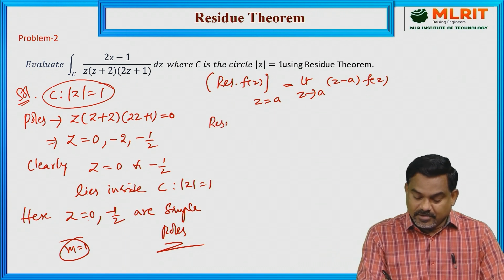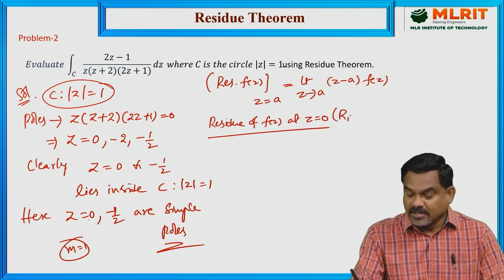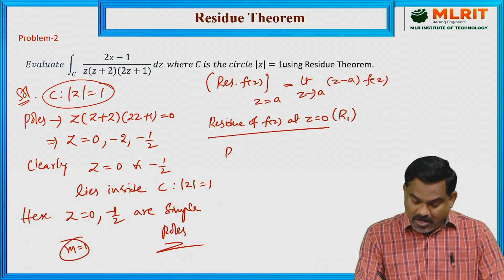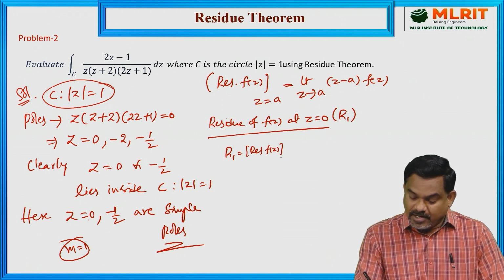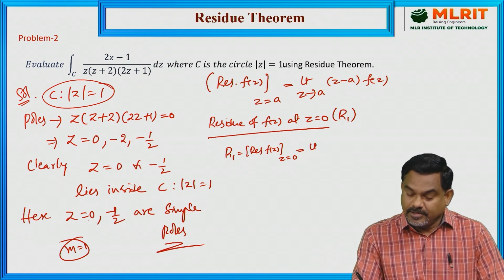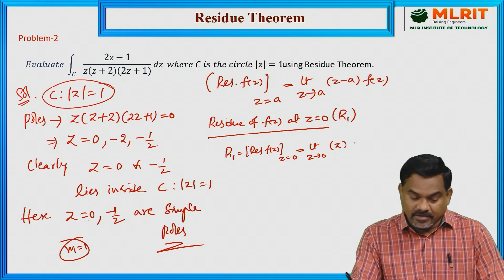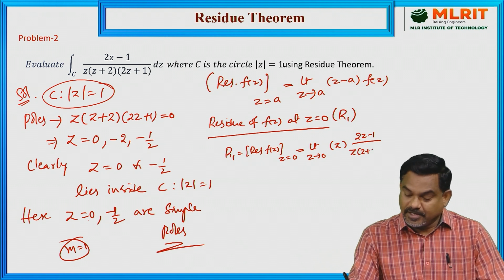Now first, the residue of f at z equal to 0, let us call it R1. So R1 is the residue of f at z equal to 0, which is limit z tends to 0, z minus a, which is z, into f of z, that is 2z minus 1 by z into z plus 2 into 2z plus 1.